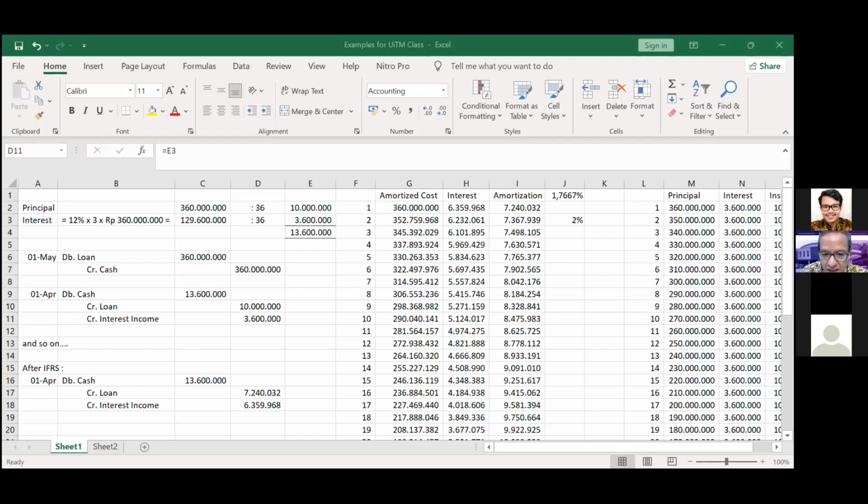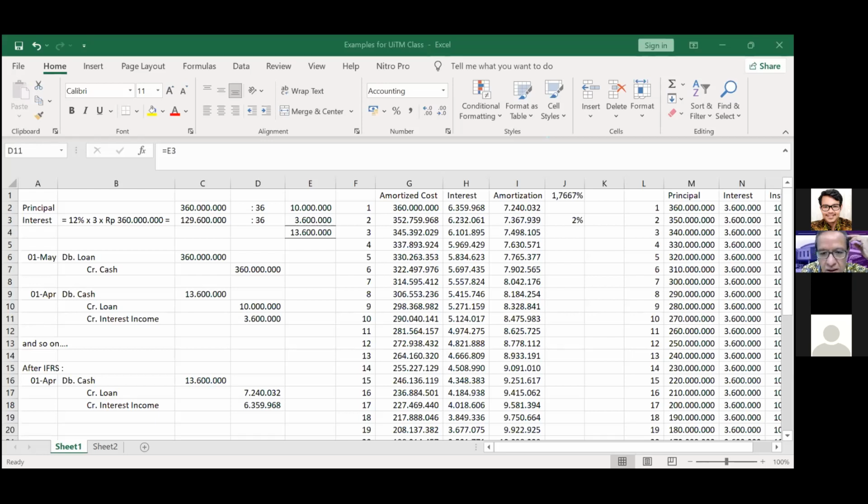But if something happened, then say this is the contractual cash flow, 10, 10, 10, and 210. Then the expected cash flow cannot be like this anymore. So for example, in this year, the debtor cannot pay anything. But for next year, they can pay 14 million. This is bigger than this. And this one is 14 million also, bigger than this. But this one is smaller than this. They can make it 80 million and 80 million.